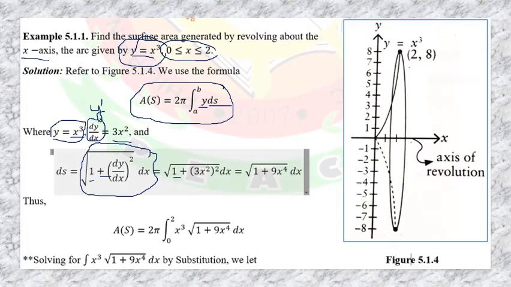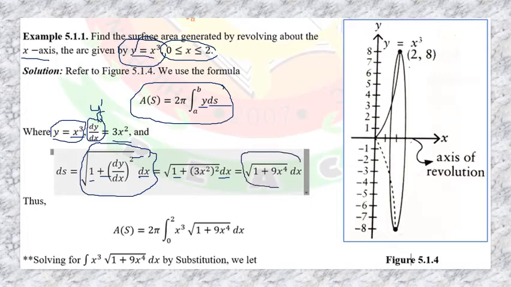Tapos, quantity squared, and then dx. Bakit dx? Kasi in terms of variable x. Okay. So, this is equal to the square root of 1 plus 9x to the 4 because 3 squared is 9, and then x squared, quantity squared is x to the power of 4.